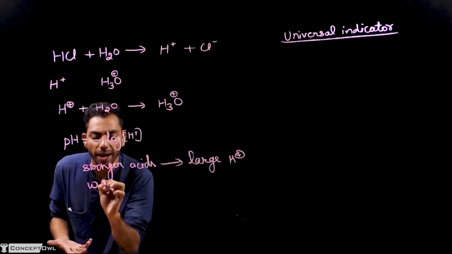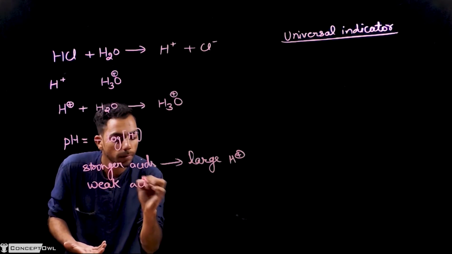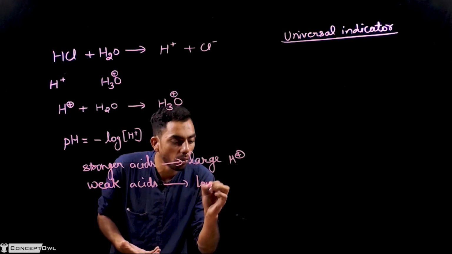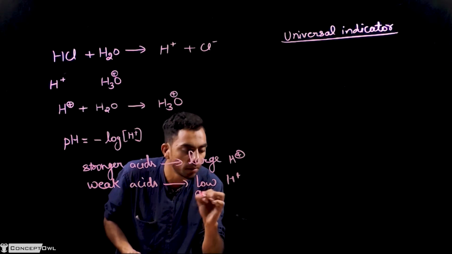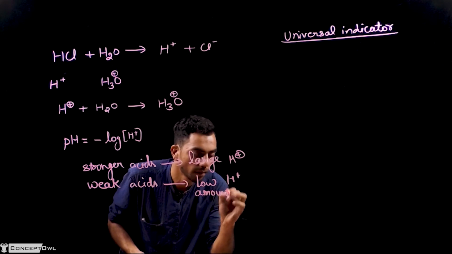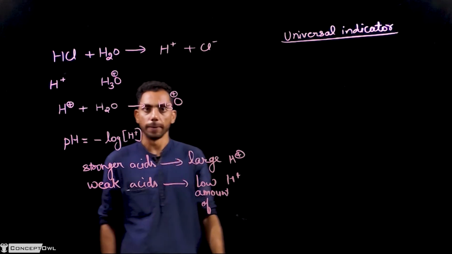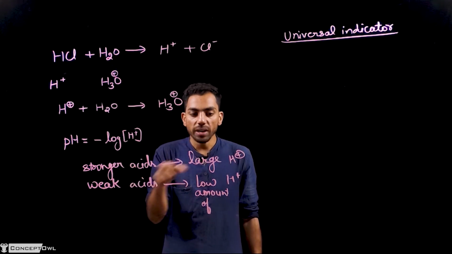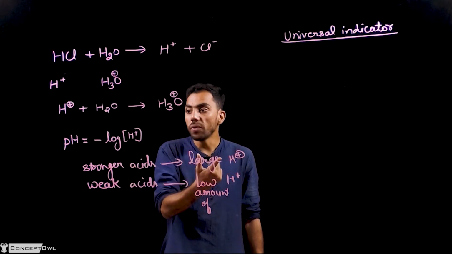Simple. And weak acid produces less or low amount of H positive ion. So if your acid is stronger, it will produce large H positive ion.